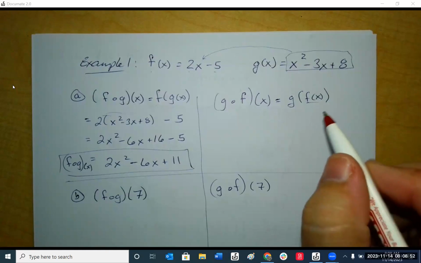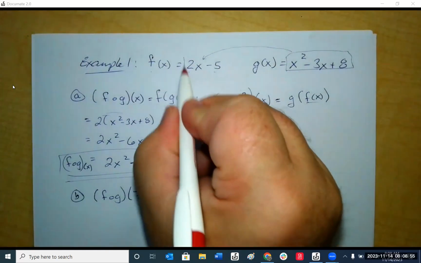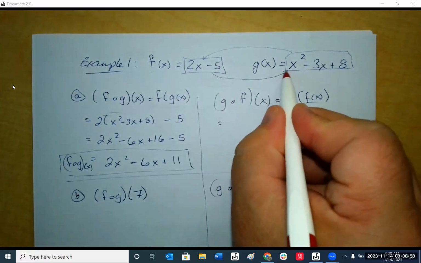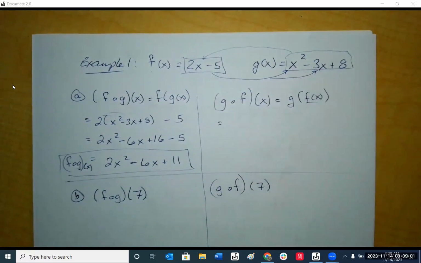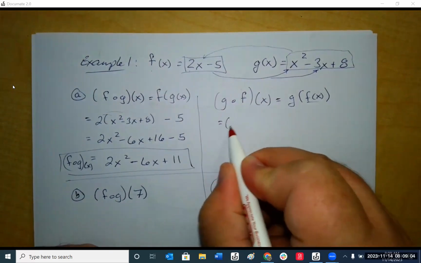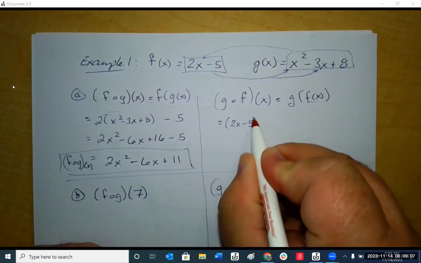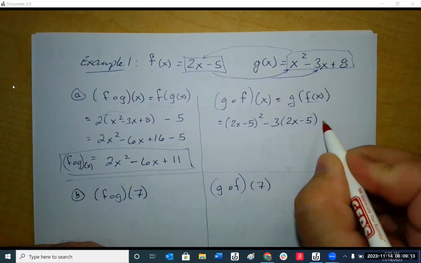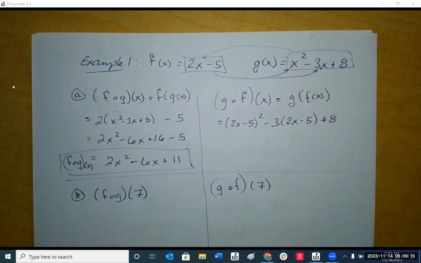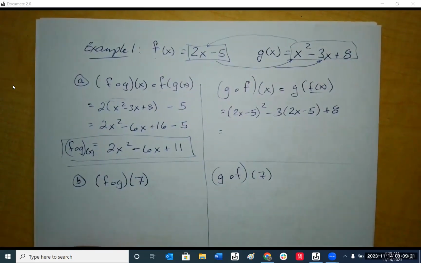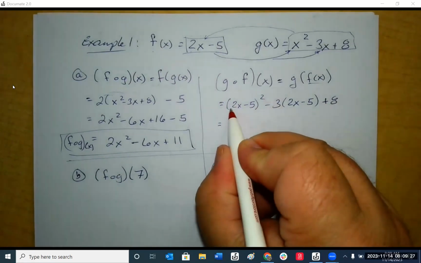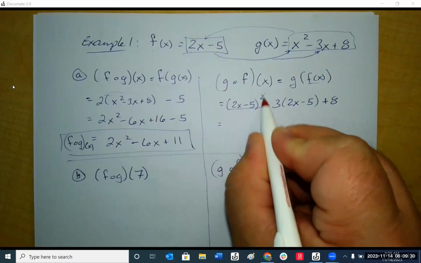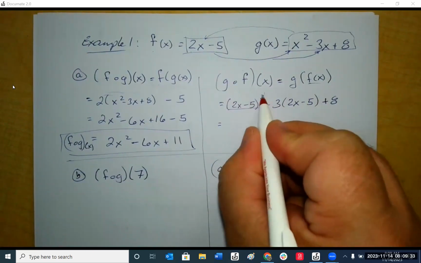And same thing with the other function. Whatever my f of x is, anywhere I see an x in the g, I put the f of x function in there. Now, this first expression, since it's squared, doesn't mean we distribute it.